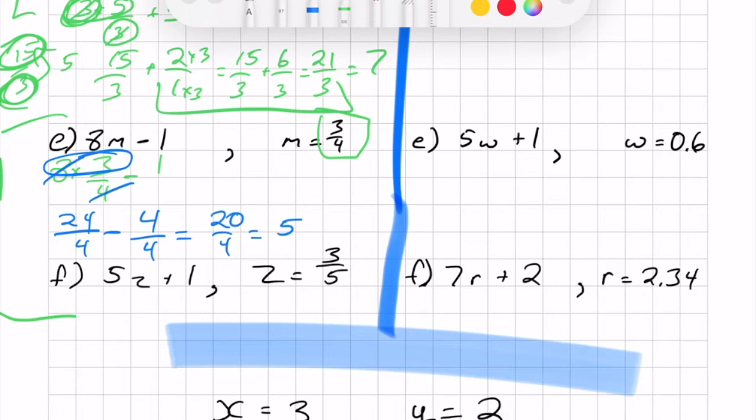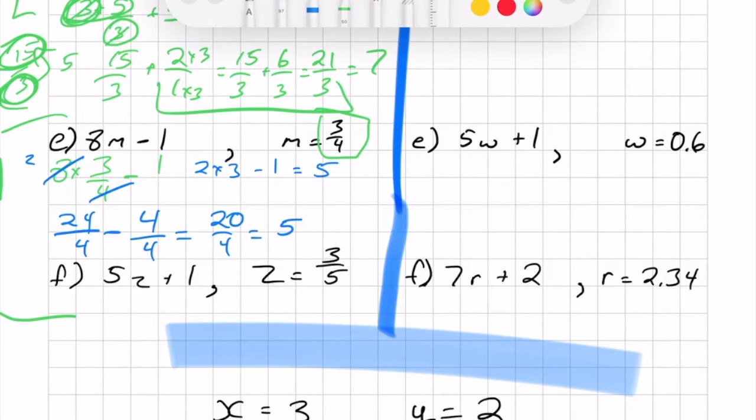If I did the other method that I just mentioned, 4 can divide into 8, and that's going to give me 2, and then I multiply that by the 3, which gives me 2 times 3 minus 1, so that's 6 minus 1, and that's 5. So you can see that it comes up with the same answer.